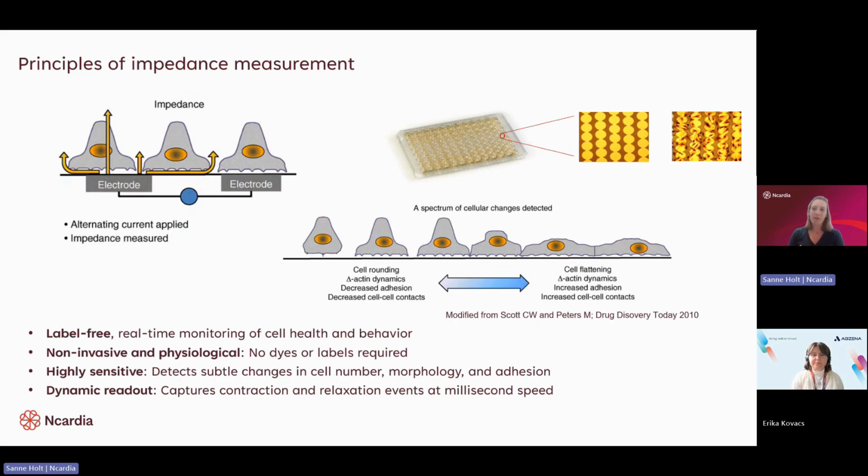If they round up more because they become unhappy, it really will pick up very subtle changes, and it measures this in real time. So it's fully label free, it is non-invasive, so you can use the cells for a different endpoint readout, and you can basically track this for as long as you feel is necessary over time to give an accurate readout and pick up any changes in morphology of the cells.